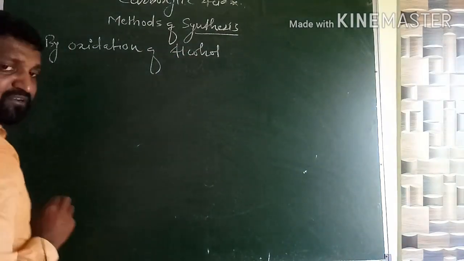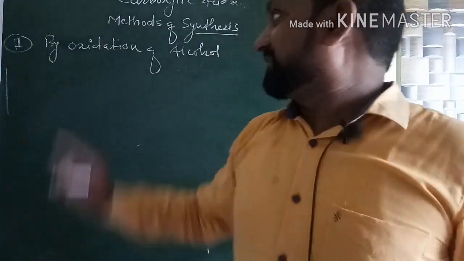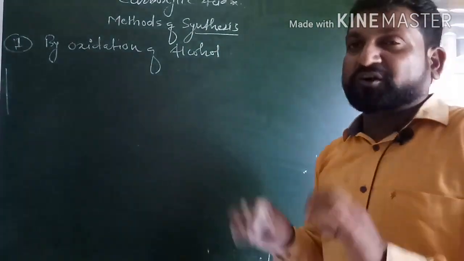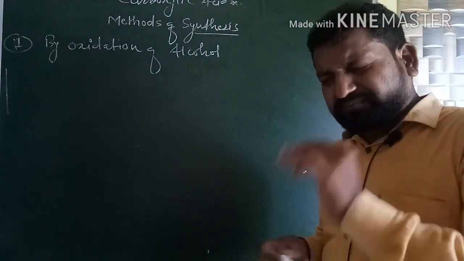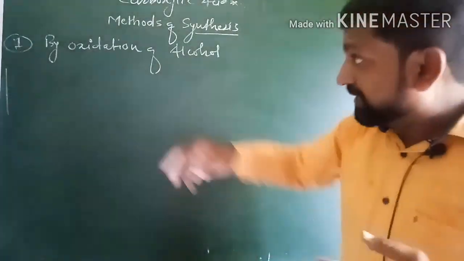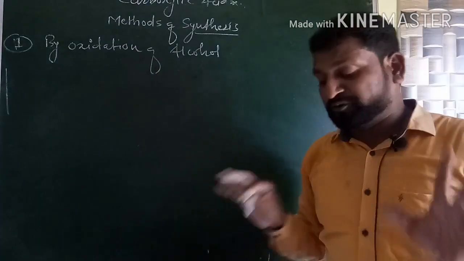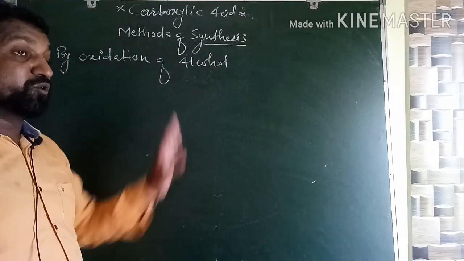By oxidation of alcohol. I think we should not take this method here, because it is already repeated. But as a part of the syllabus, I will take one example here. Everybody see here, by oxidation of alcohol.